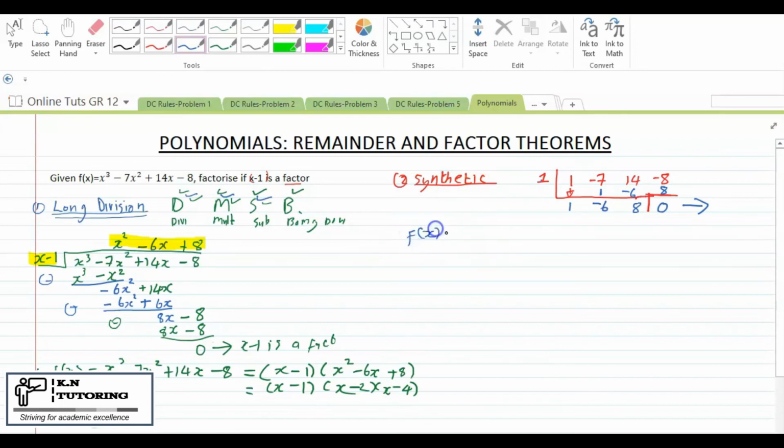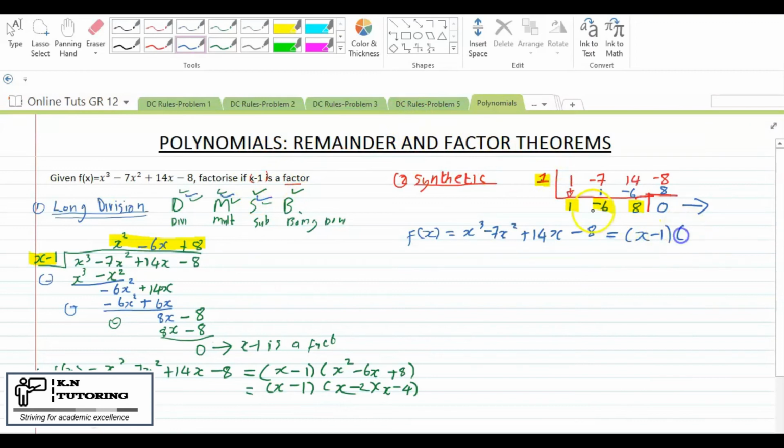f of x, which is equal to x cubed minus 7x squared plus 14x minus 8, will give us, and in this case we will look at the factors here: 1, 1, minus 6, and 8. So this will give me one of the factors, it's x minus 1, which is the one that I started with, the same as what was given, x minus 1.